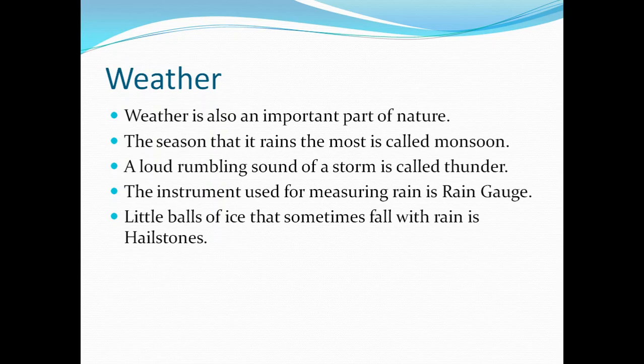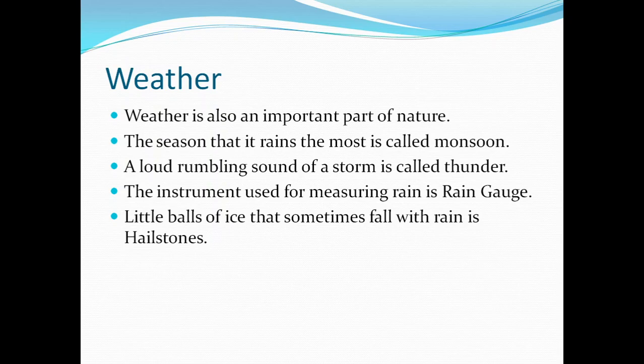So plants are part of nature, animals are part of nature, and weather means atmosphere, like summer, winter, monsoon, right? In the monsoon season, if there is lightning, then we get a loud sound of a storm, and that is thunder.